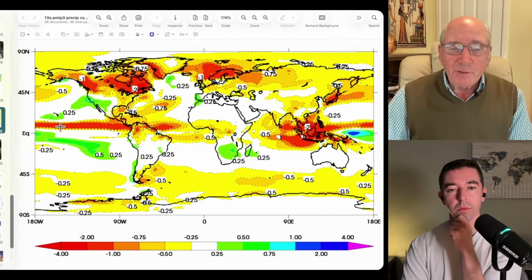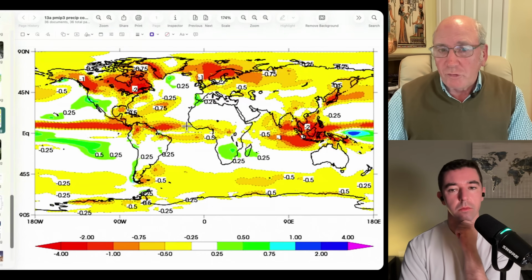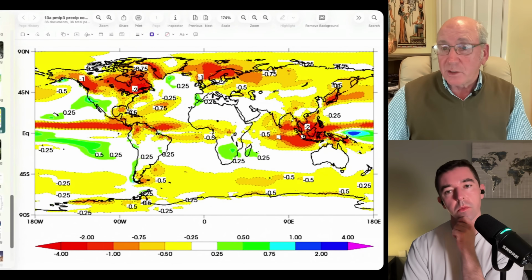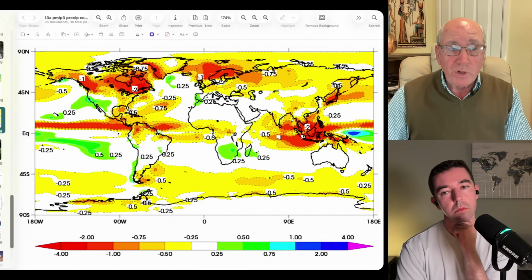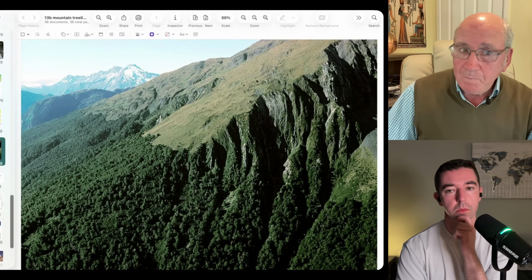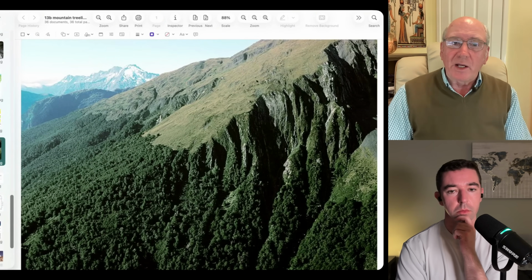So why do we get this band of no rain right through the tropics, right on the equator? Well, it's because of how they calculate temperature in the past. And they've got it wrong. This is a basic error in climate science.